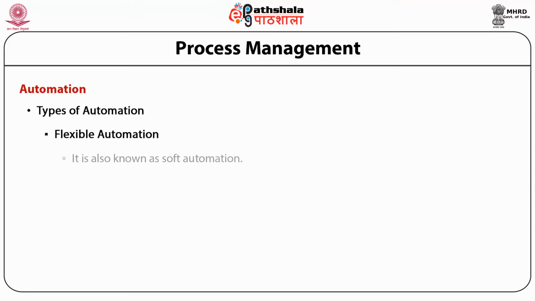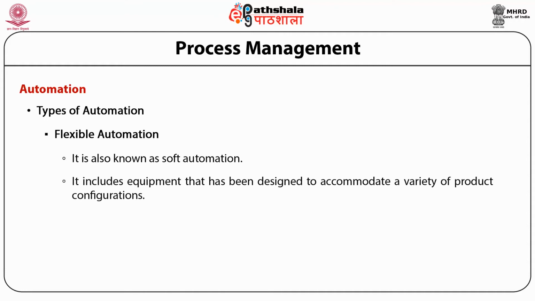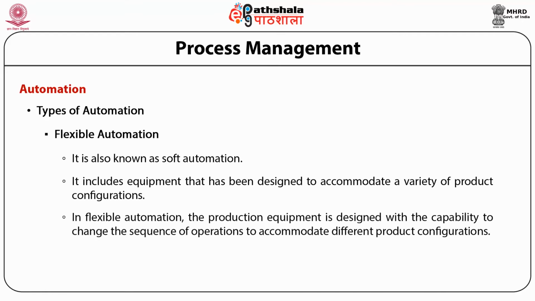Flexible automation, also known as soft automation, includes equipment that has been designed to accommodate a variety of product configurations. In flexible automation, the equipment is designed with the capability to change the sequence of operations to accommodate different product configurations.